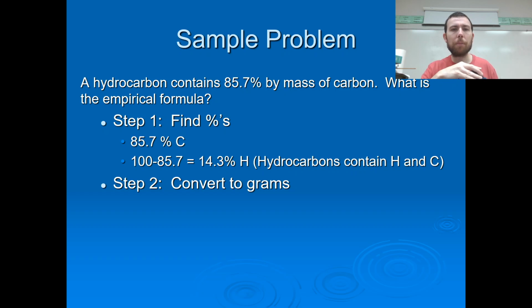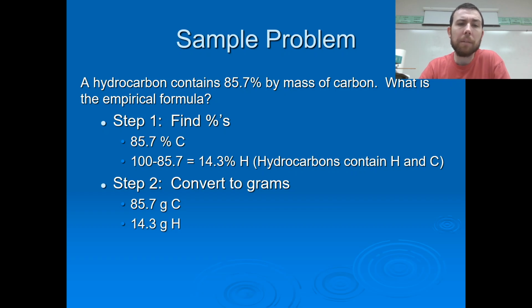So now that we have our percentages, we're going to simply change them over to grams. We don't have to do any sort of funky conversion factor. We just take those percentages and make them gram values. So now we've got 85.7 grams of carbon and 14.3 grams of hydrogen.